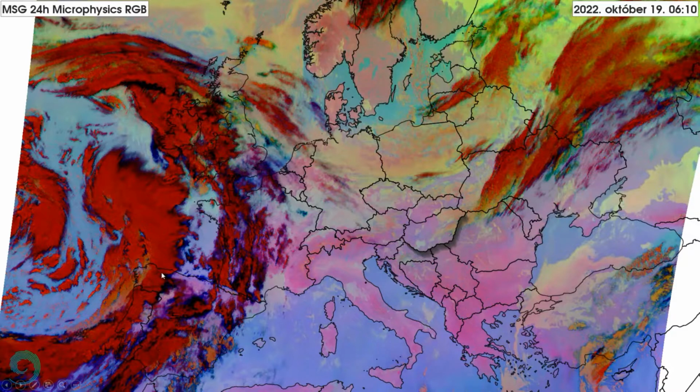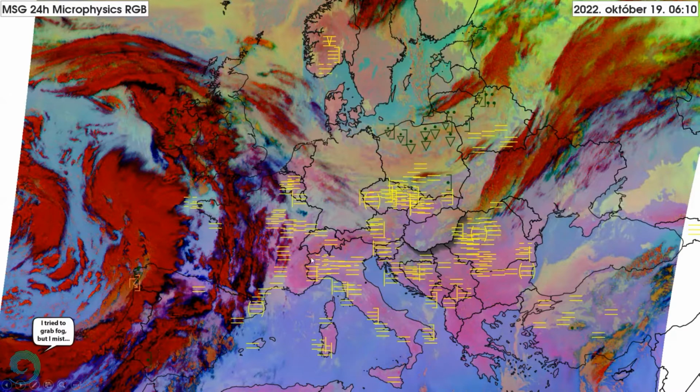This product is used to detect the foggy areas. So you can see here some foggy areas. In the next picture, you can see them. So here are the foggy areas, and you can see here the thunderstorms.